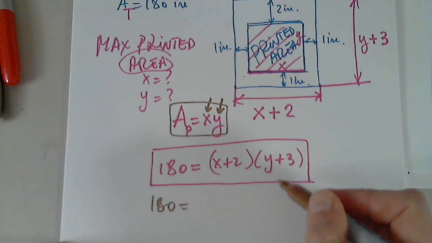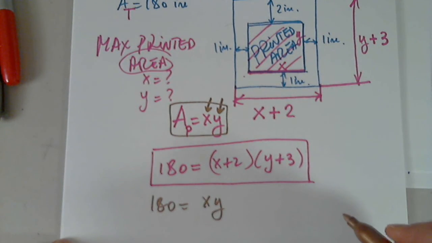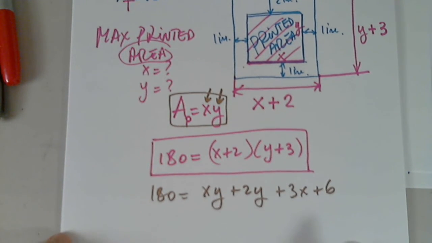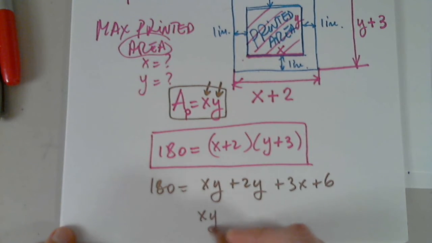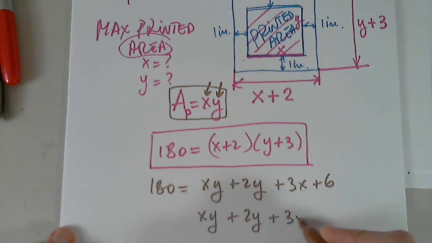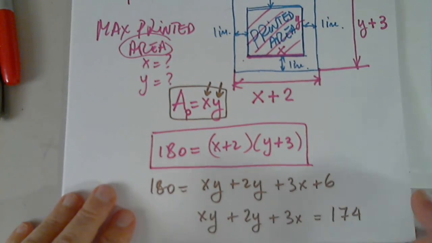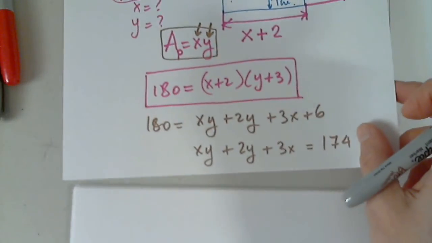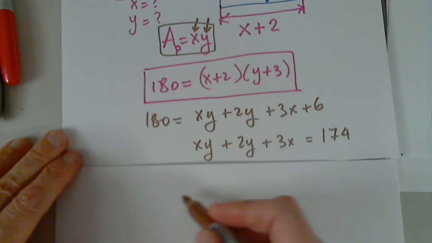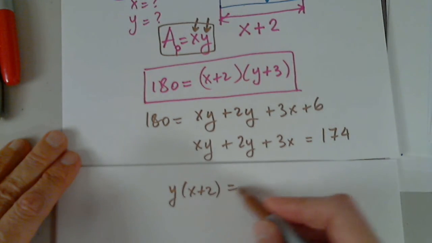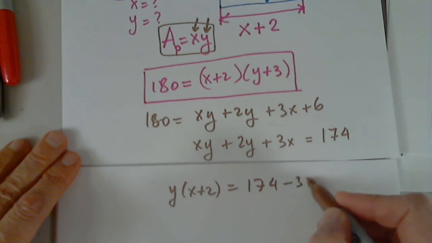So 180 equals XY plus 2Y plus 3X plus 6. So this is XY plus 2Y plus 3X, and I move 6 to the other side, and I get 174. I'm going to solve for Y. I pull out Y, so I have Y times X plus 2 equals 174 minus 3X.